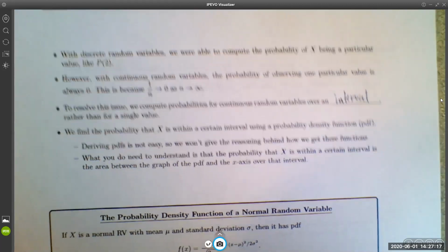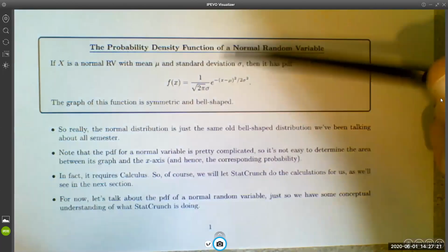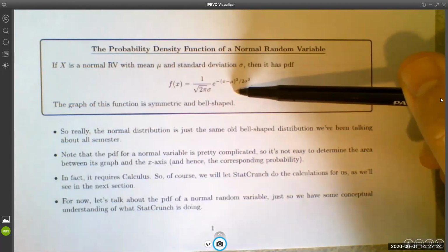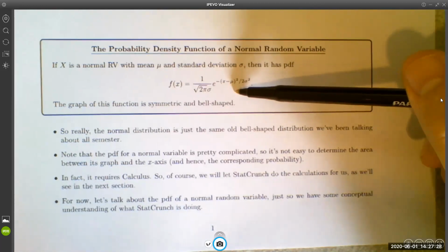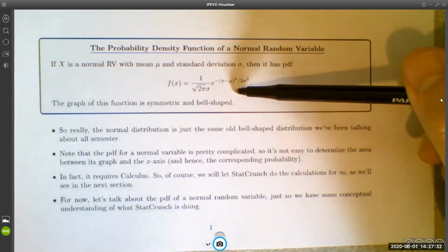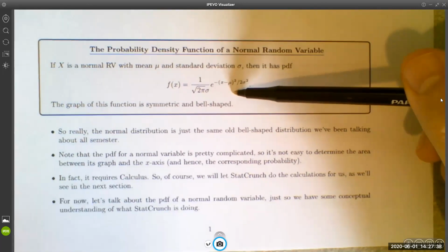Now, for your information, this is the probability density function for a normal random variable. We're not going to be using this formula directly, but just to show you why we don't do the work by hand on these, it is of course possible, but it's not easy.